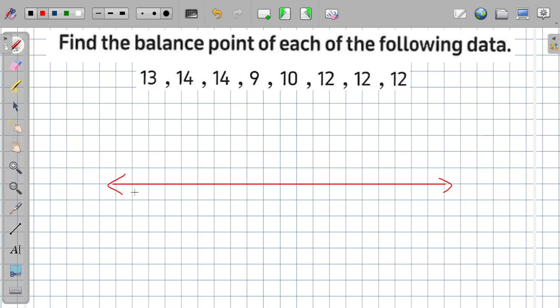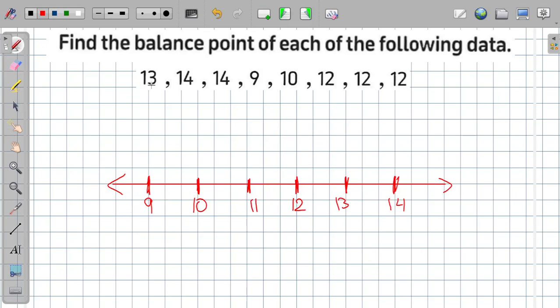So let's put our numbers first. So I have 9, 10, 11, 12, 13, and 14.